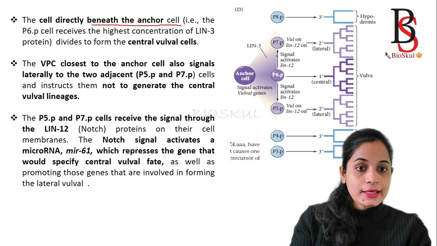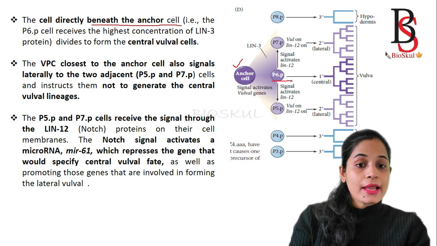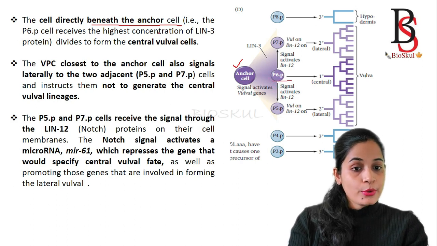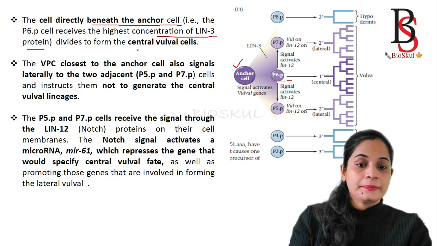Which cell is present directly beneath the anchor cell? That is the P6 cell. This P6 cell will receive a high concentration of the lin-3 protein from the anchor cell, and it forms the central vulval cell.